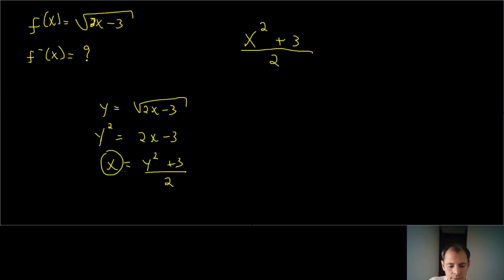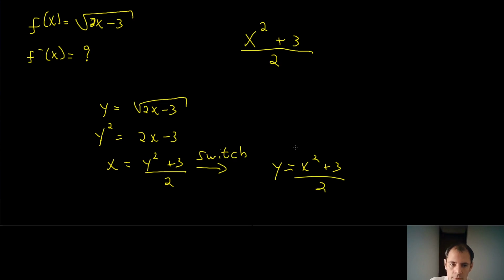After the x is isolated, you switch the x and y. So now switch the x and y, and you're going to have y equals x squared plus 3 divided by 2. And there you go. This is what you're going to plug in here. So that's the inverse.